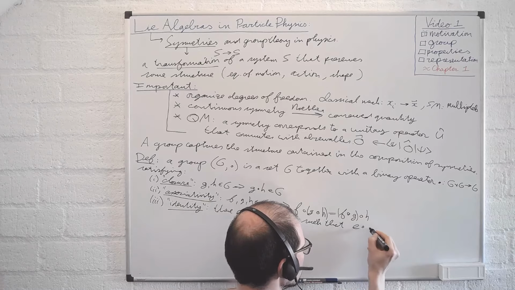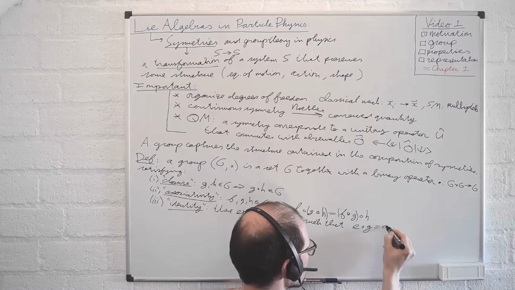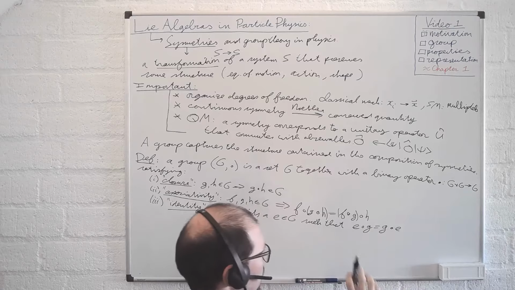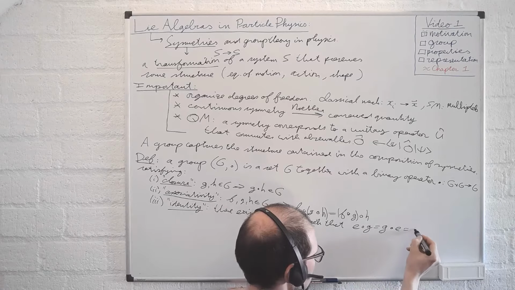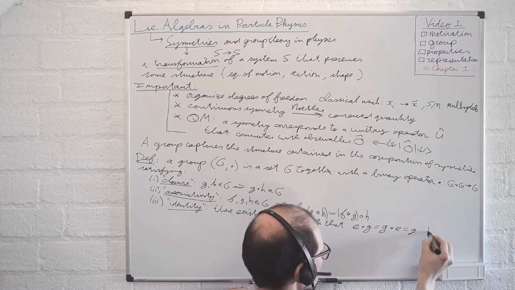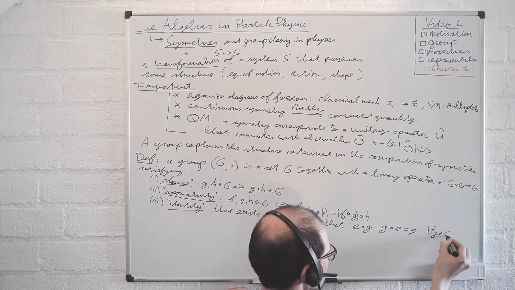So E composed with any element G, or in the opposite order, gives the element G again for all G in the group.